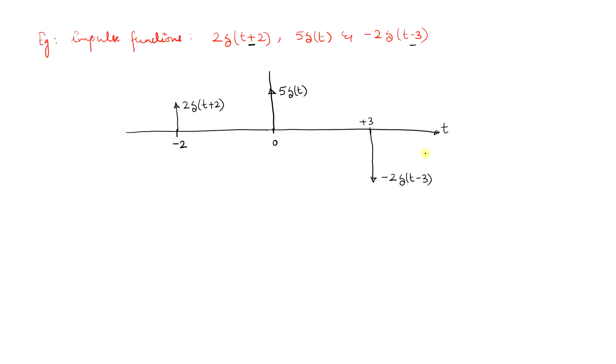Moving on to the next important property, that is the sifting property. This is one of the properties of the unit impulse function.